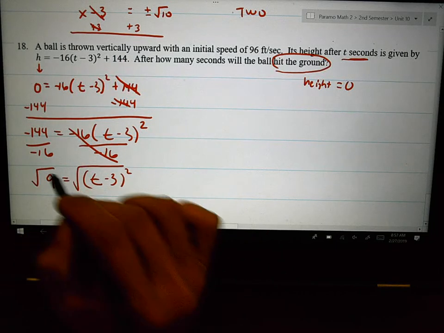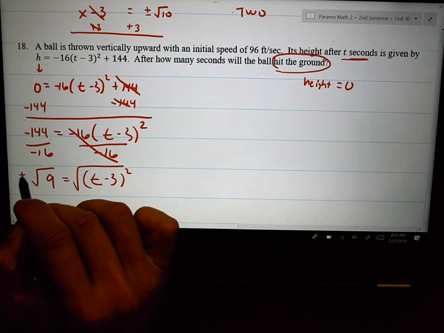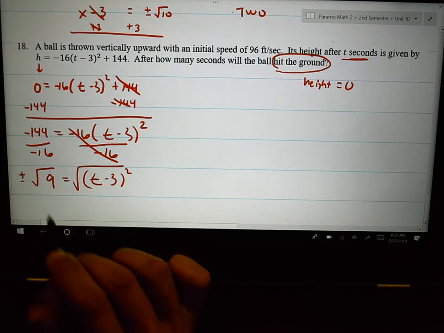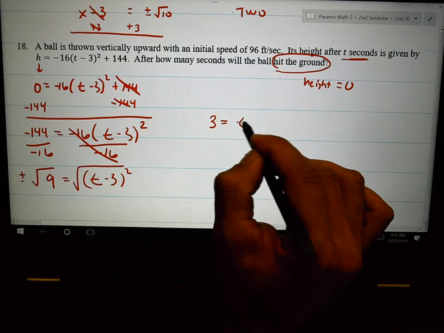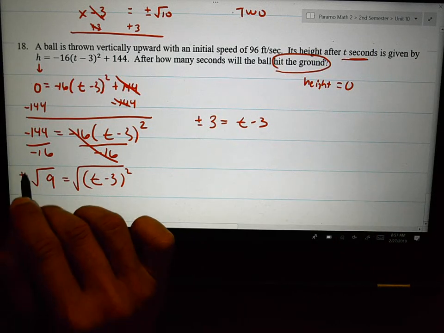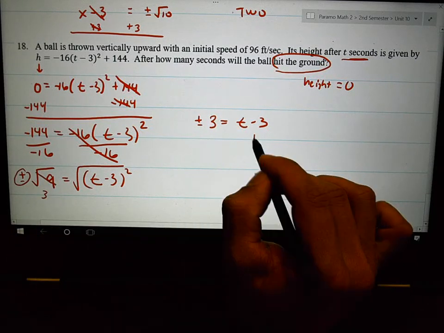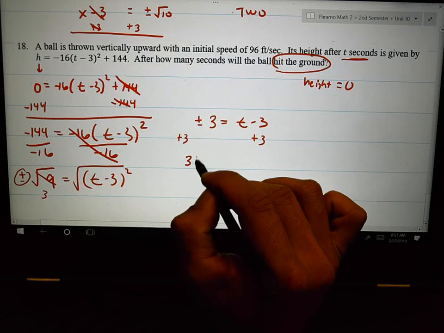But when I square root something squared, I have to remember there are two possibilities, a positive possibility and a negative possibility. I bet you guys know what the square root of 9 is. Oh, don't forget the plus or minus, still there. Add the 3. So you have 3 plus or minus 3.